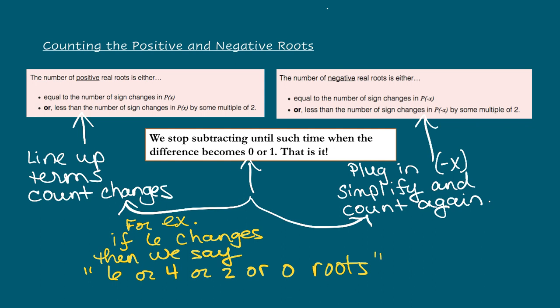Or if we have 5 changes, we would say we have 5 or 3 or 1 roots.